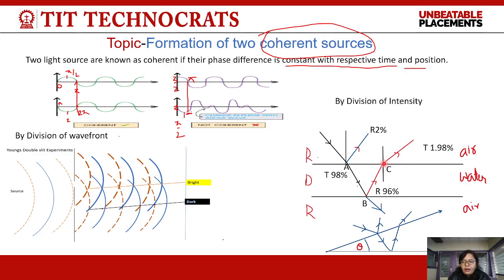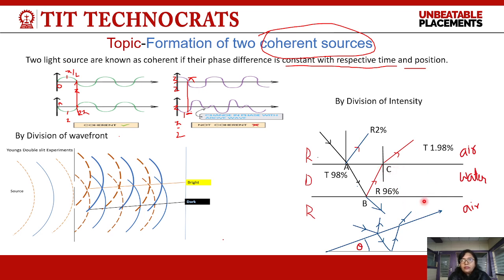Now this reflected light, which I depict here by the red line, when it strikes point C, is again transmitted and reflected. But as we know, the maximum energy is transmitted, so only a small amount of energy is reflected.